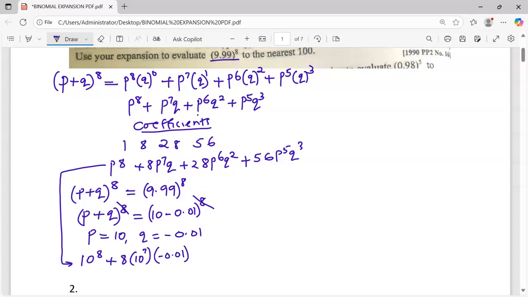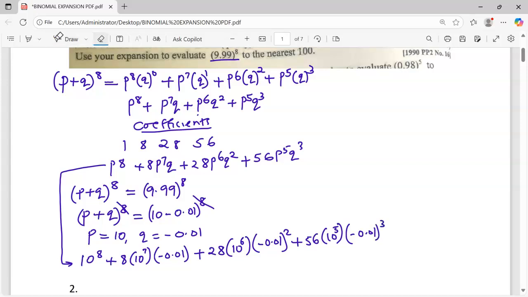Next we add 28, you multiply by p, which is 10^6, into negative 0.01 squared, and lastly plus 56 times p, which is 10 raised to the power of 5, and then of course we multiply by negative 0.01 cubed.